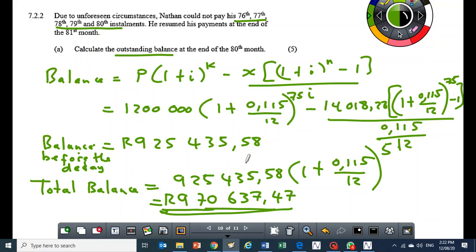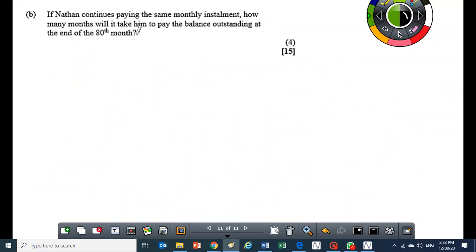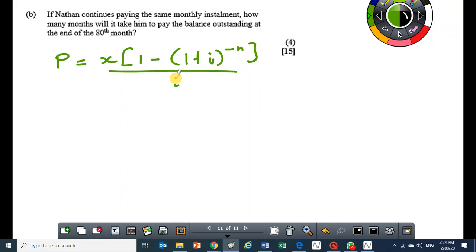So if the monthly installment does not change, since we know the balance outstanding, which means we are dealing with present value, we write our formula: P equals X times 1 minus (1 plus i) raised to the power of minus n, all over i.